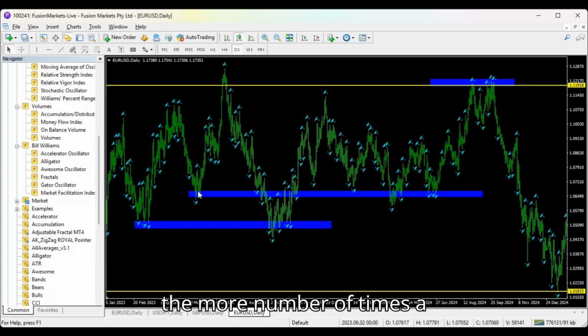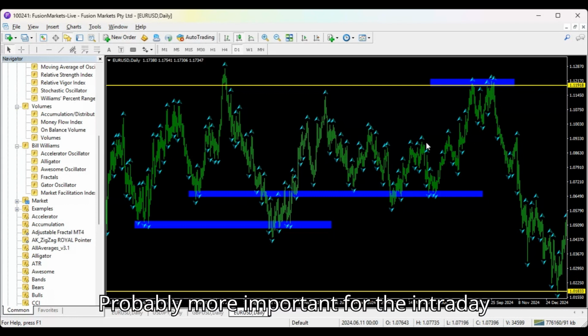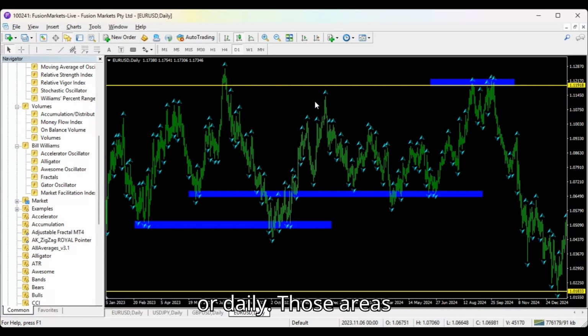The more times a support or resistance area is touched, that validates that those are the key areas to be focused on. Anything else in between is just minor. You still have to look into it, but those are minor support and resistance areas, probably more important for intraday traders. But if you focus on the 1 hour or daily, those areas are minor.